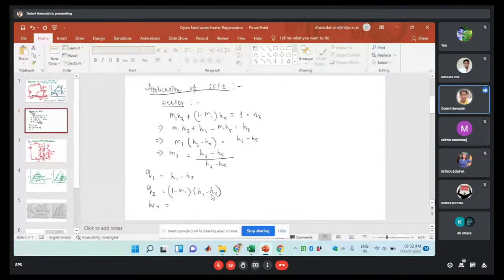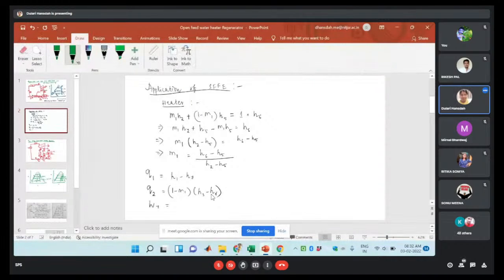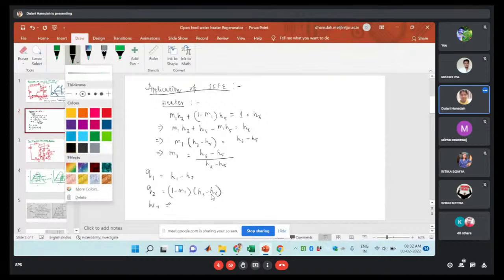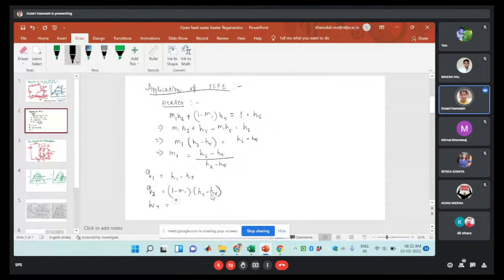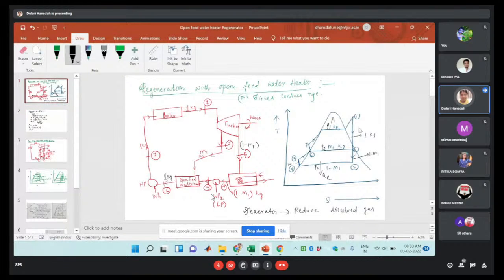So in this case, the turbine work will be H1 minus H2 plus 1 minus M1 into H2 minus H3.